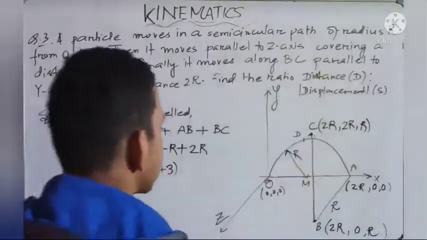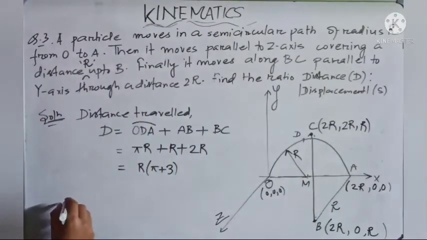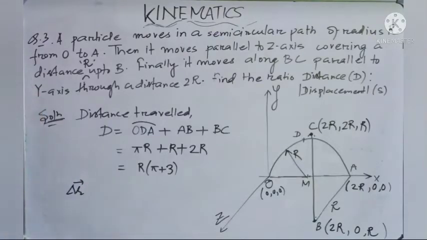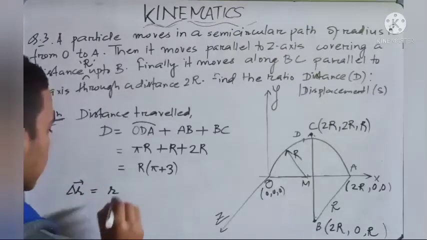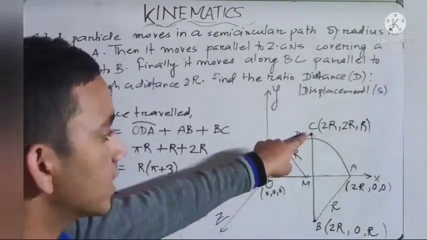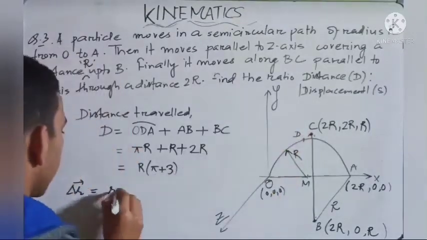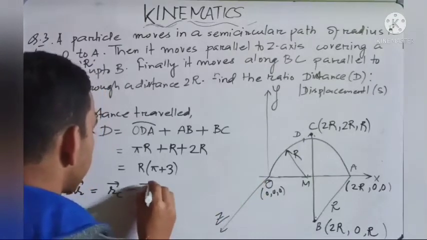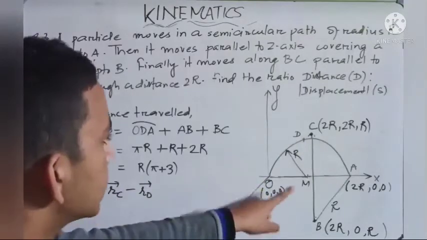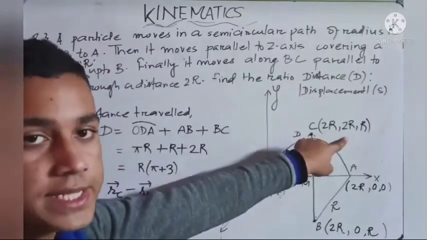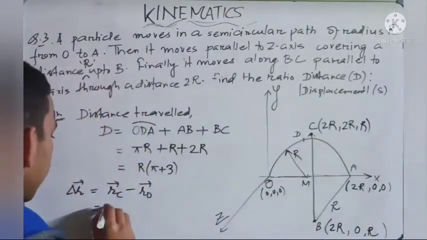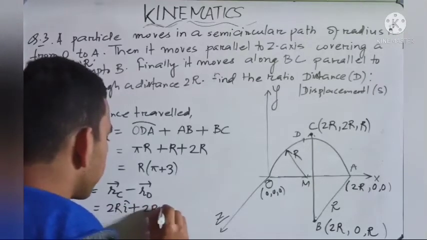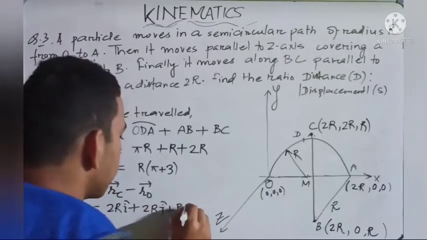Now we know the coordinates of C and O. Therefore we can write displacement vector delta r vector is simply the final position vector, r_C vector, minus the initial position vector, r_O vector. Now r_C vector is basically, since the coordinates are known, we can easily write the vector 2r i cap plus 2r j cap plus r times k cap.